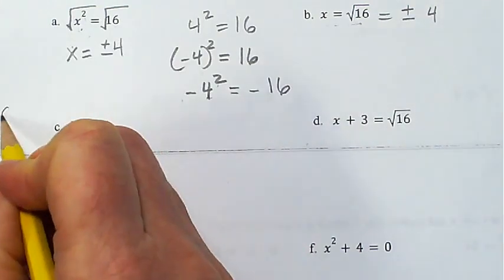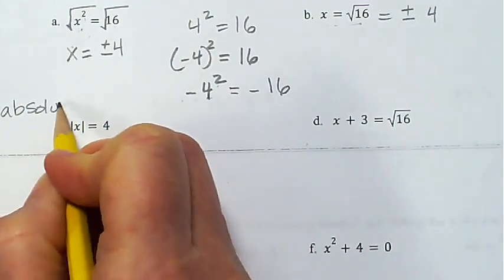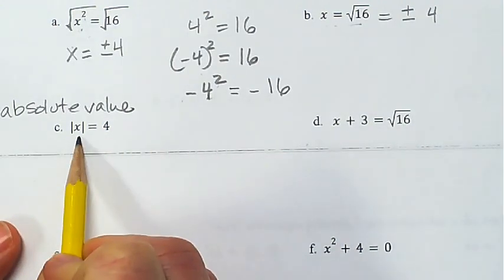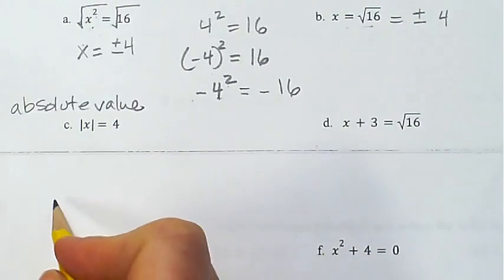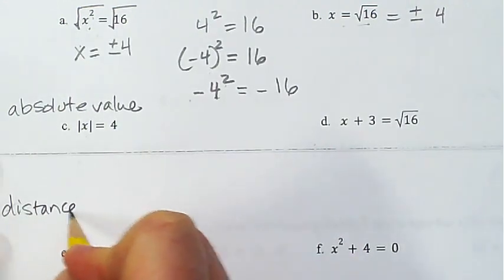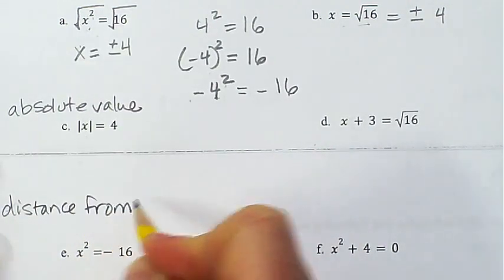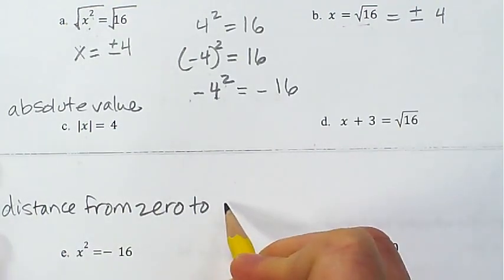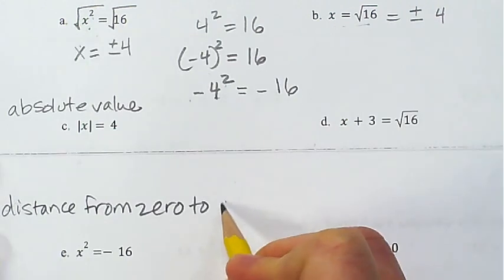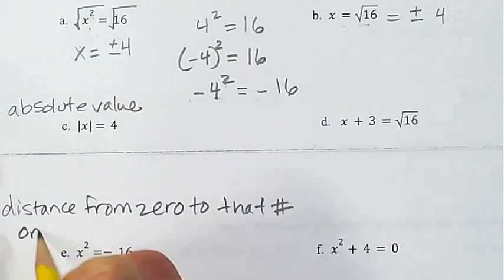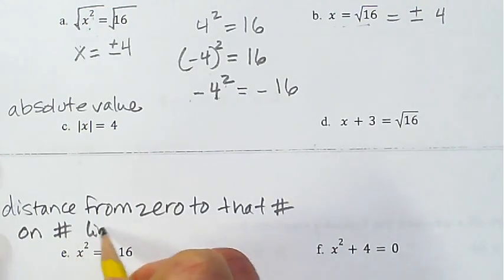Okay, this is absolute value, which is the distance. Let's just write this right here. Distance from 0 to that number on the number line.